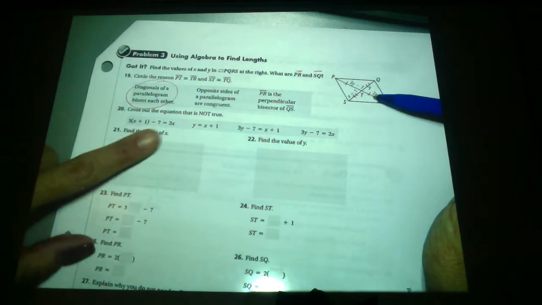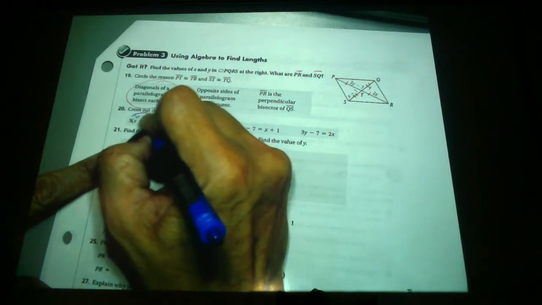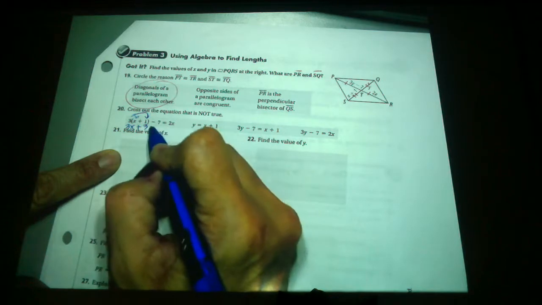The first one. Well, the first one, where do you get those numbers? I see the 2x here, and it's equal to this gobbledygook. Shouldn't it be this? Let's see what that's actually equal to. Distribute the 3. What do you get? 3x plus 3, and then minus your 7.